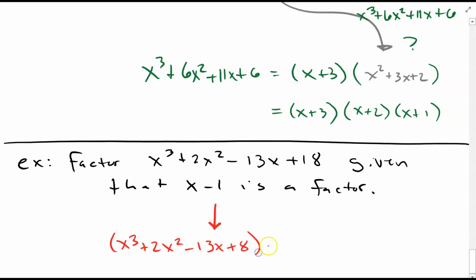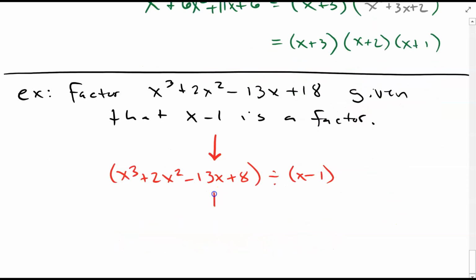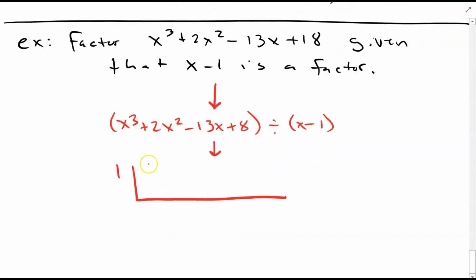Since I know x minus 1 is a factor, I know that when I divide these two things, I'm going to get a remainder 0, right? Everybody agree with that? So I'll just start by doing the division, knowing that I'm going to get a remainder 0 here.